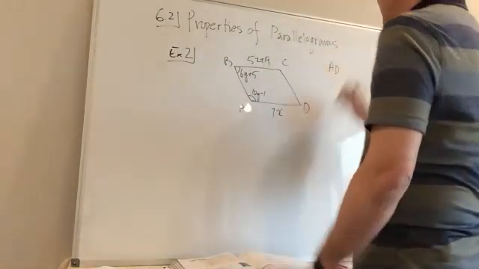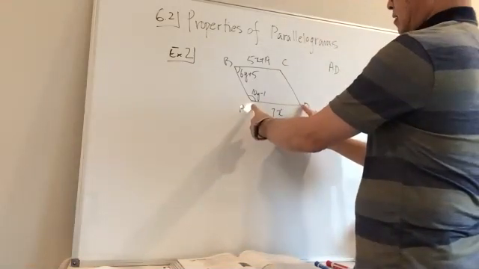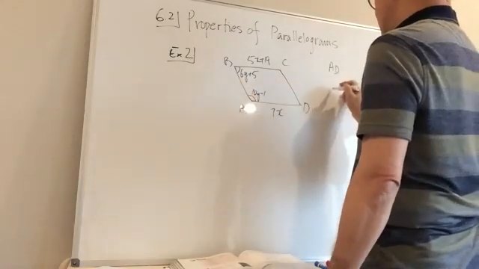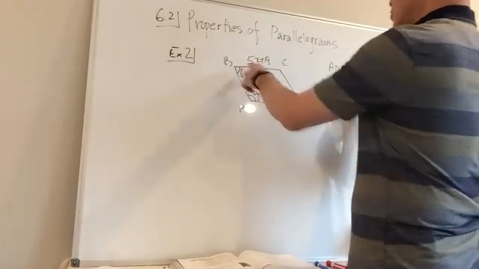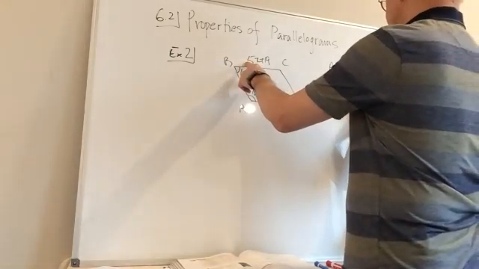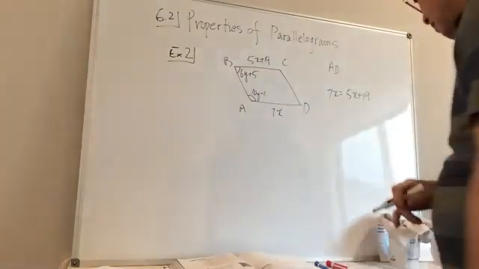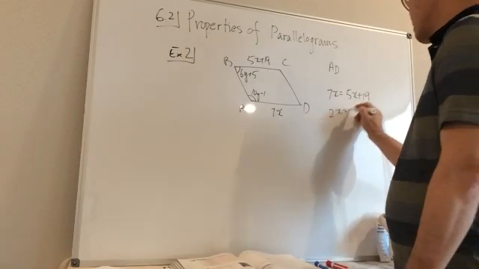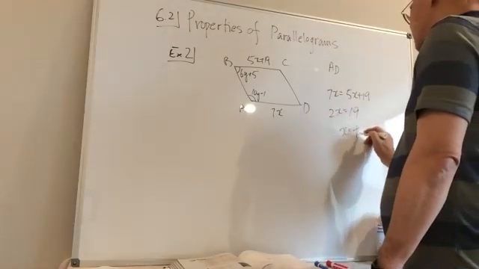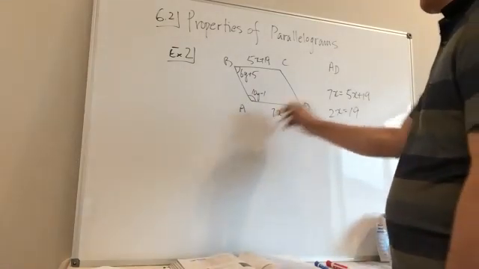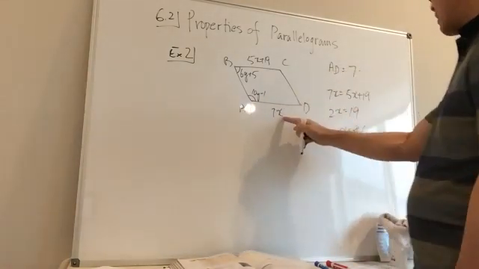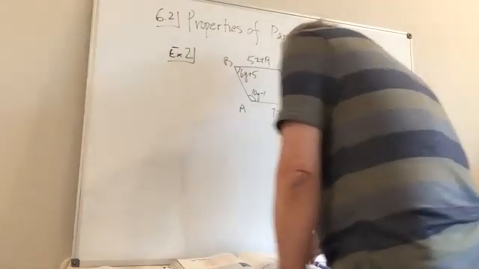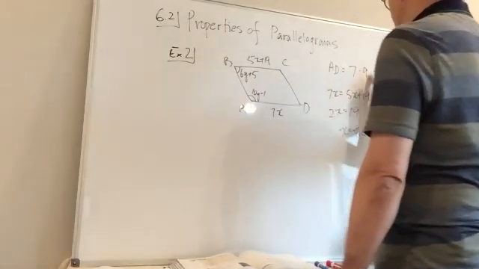We want to know AD. AD is this guy. It has to be the same as this guy, right? So we know that 7x is equal to 5x plus 19. I subtract 5x from both sides and get 2x equal to 19. X is equal to 9.5. So AD is going to be 7 times x, and if I do that, I get, it's 9.5, I'm sorry.